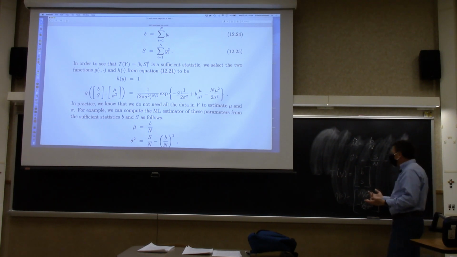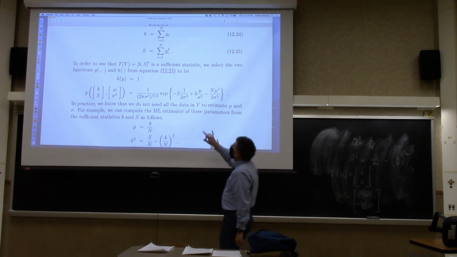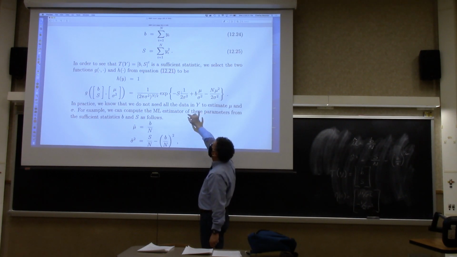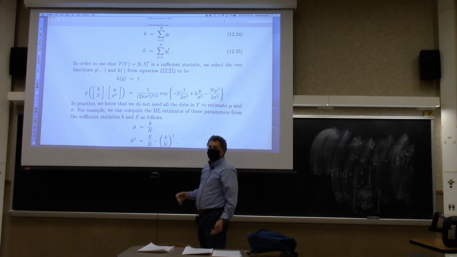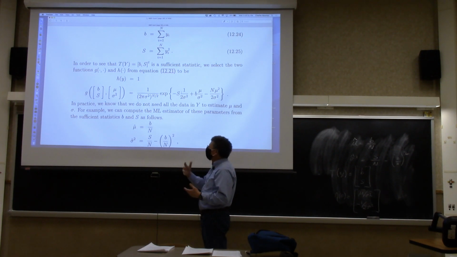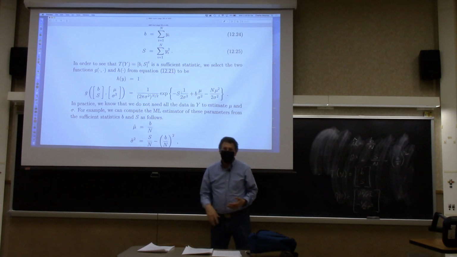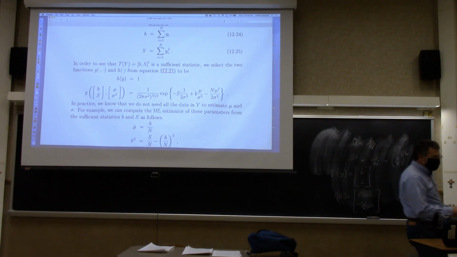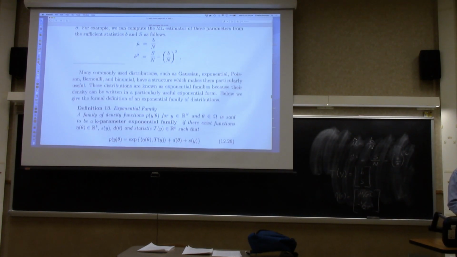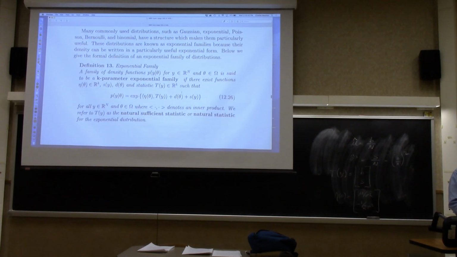Okay, so because I can write the probability distribution in this form, as the inner product between a function of the statistics and a function of the parameters, it meets the requirements associated with an exponential family.